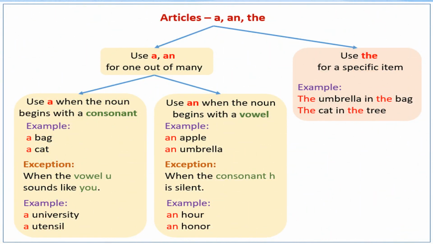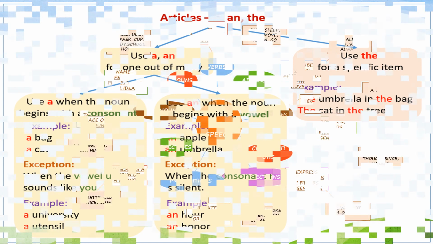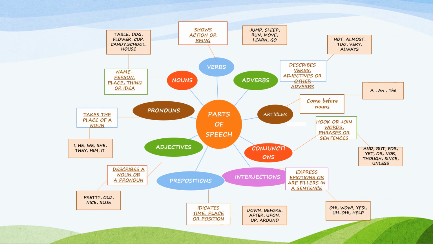Here is some explanation for the articles, as we have said before. As we can see here, this diagram is a summary of the parts of speech. You can have a look, study it and revise all that we have said.